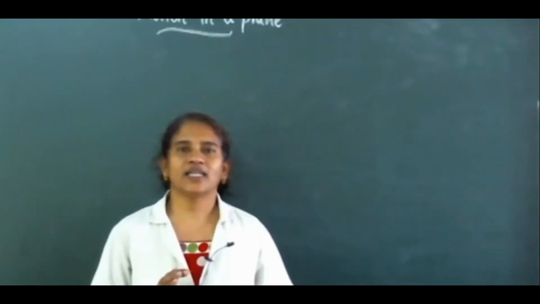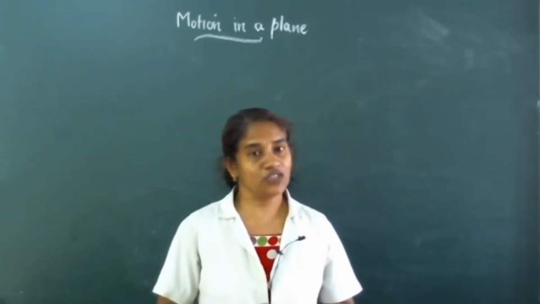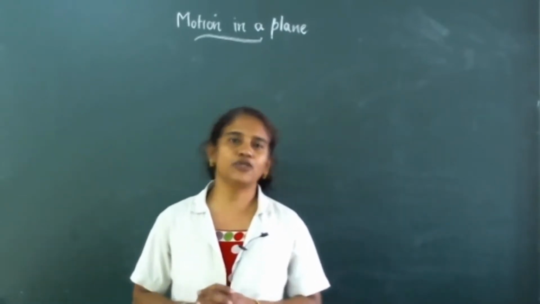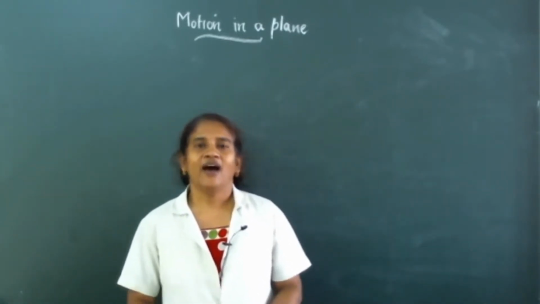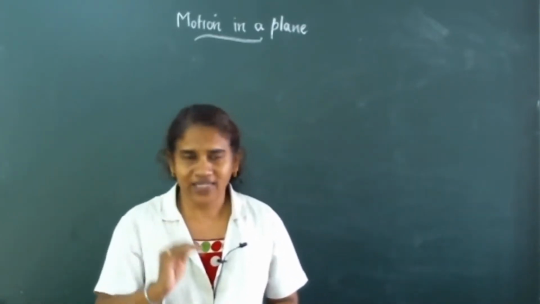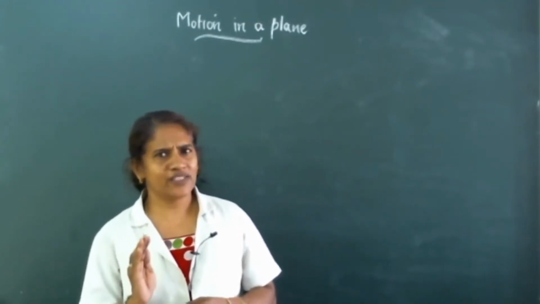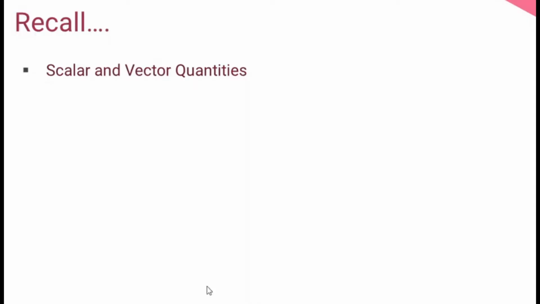Okay, these are the topics we have included in today's class and which we have to deal with in this new chapter. Ready? Okay, so I said beginning topics are related to vectors, right? So just to recall what you have studied related to vectors.